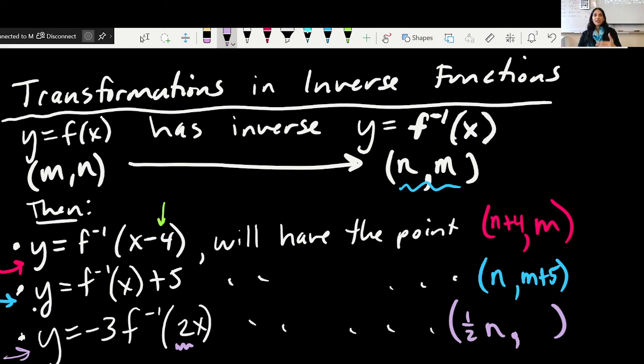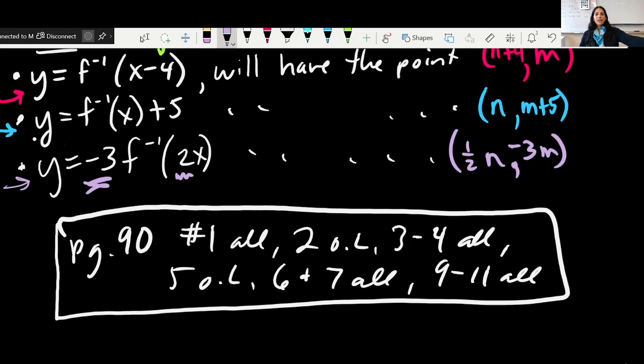Or n over 2, whoever said that, right? Because it's the opposite of what we see. And how about instead of m, what's the y value now going to be? Just this part affects the y value, right? So it's going to be negative 3m. And there's your work.